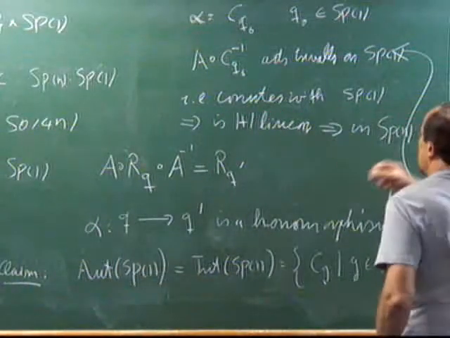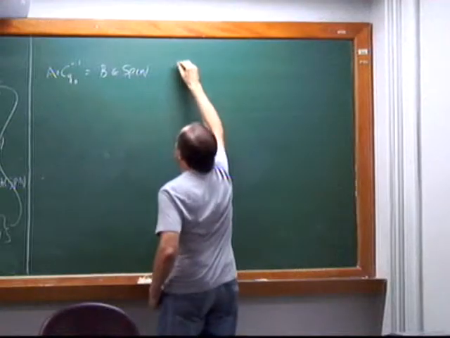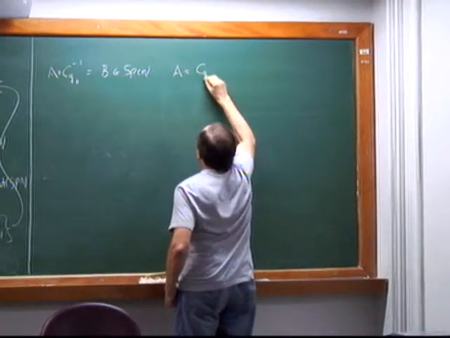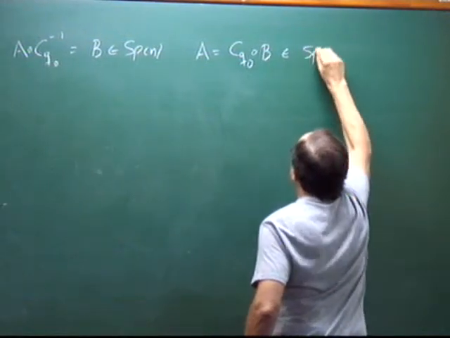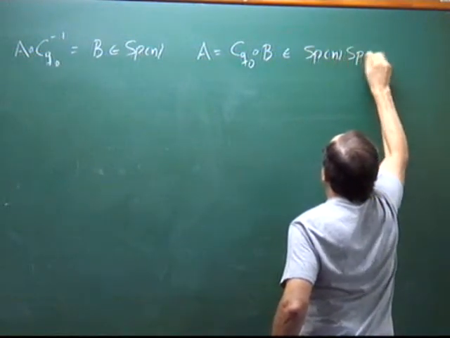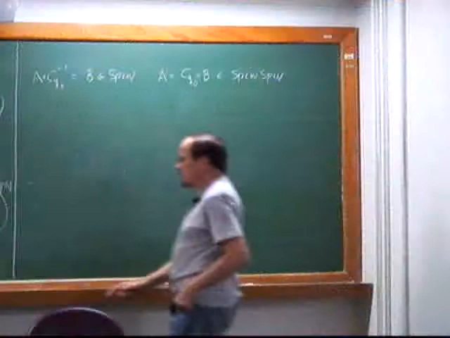So now you're done. A composed with C_{q_0} inverse is an element B, which lies in Sp(n). So A is C_{q_0} composed with B, so it lies in Sp(n)·Sp(1). Okay, so this claim here would do it for us.